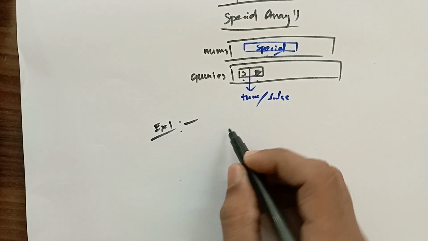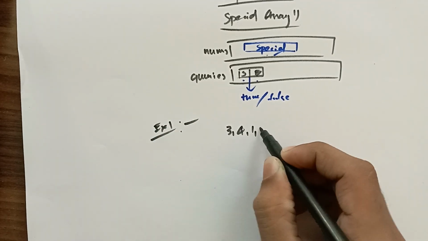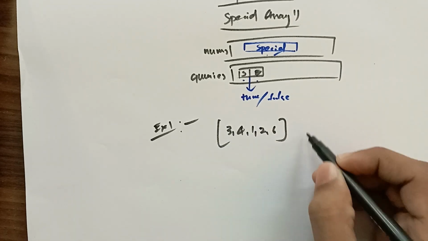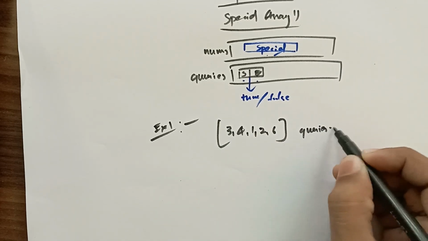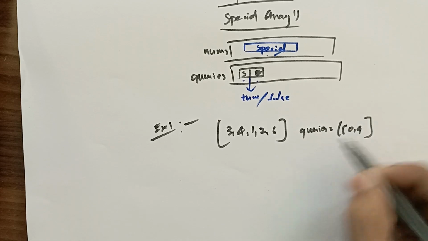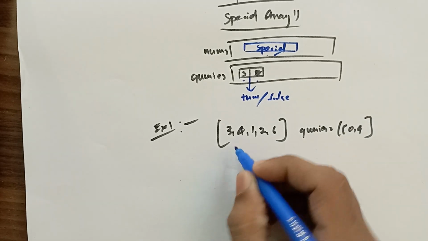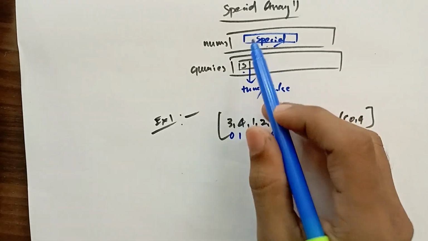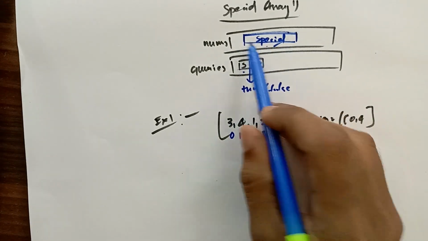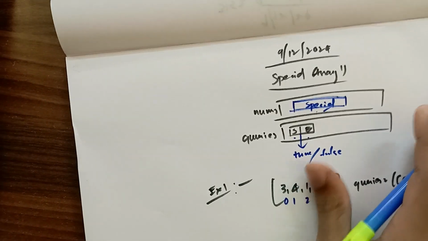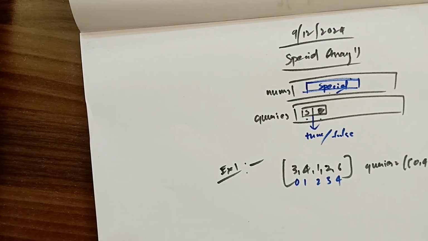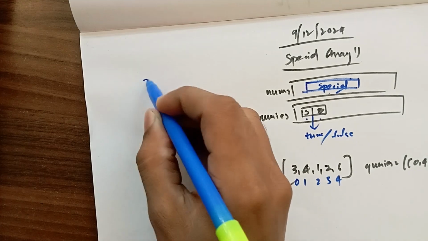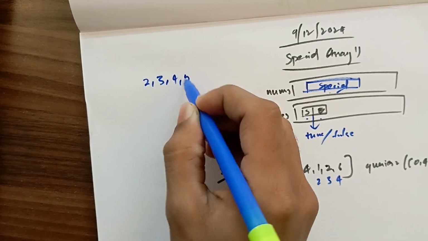Now let us see how we can approach this problem with an example: 3 4 1 2 6, and the query which is given is 0 comma 4. So if you see clearly, the indices are 0 1 2 3 4. And how do we know whether an array is special or not? Let us see. Think of an array 2 3 4 5 6.